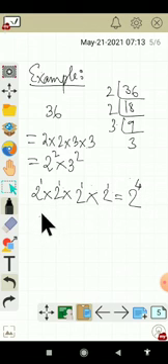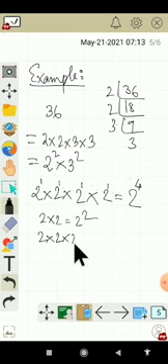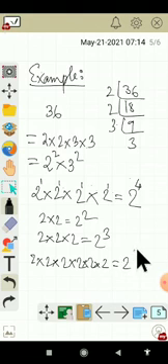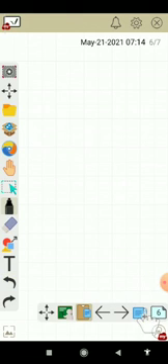If 2 into 2 is there, it will be 2 square. If 2 into 2 into 2 is there, it will be 2 cube. And if 2 is there 5 times, it is 2 to the power 5. This is the concept of power.